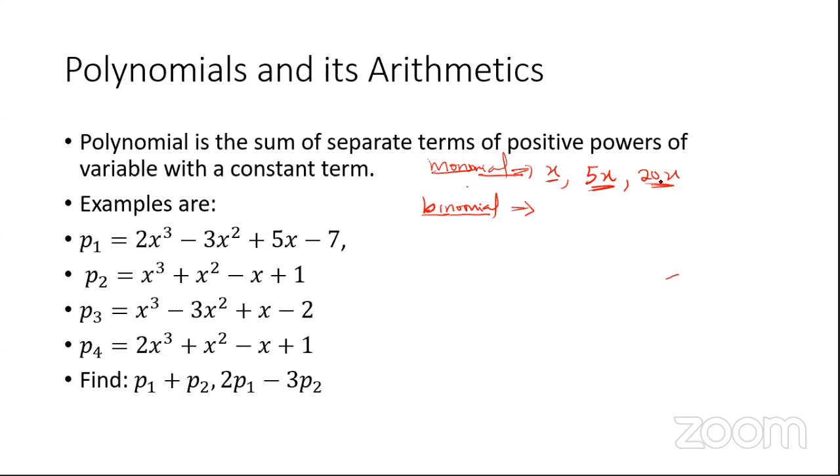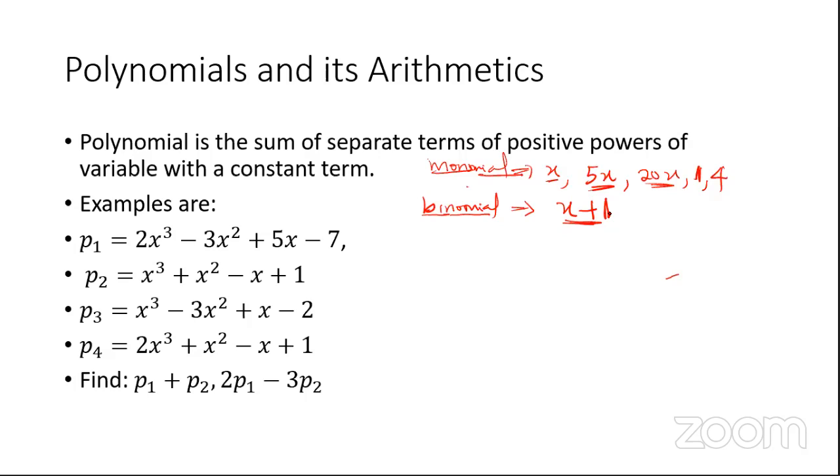For this one too, we may have just one as a monomial. But by the time we combine x plus 1, this is a binomial. 1 is a monomial. Just an ordinary 4 is a monomial. So you can see they are not of the same family.